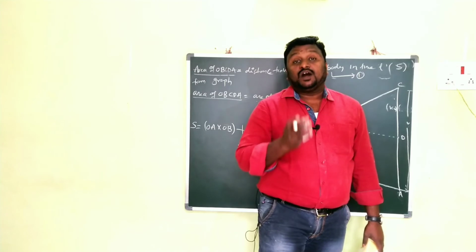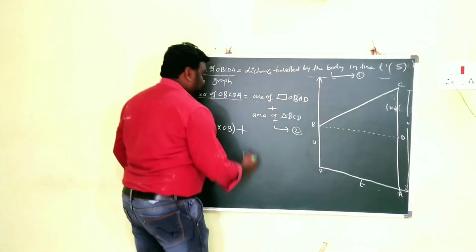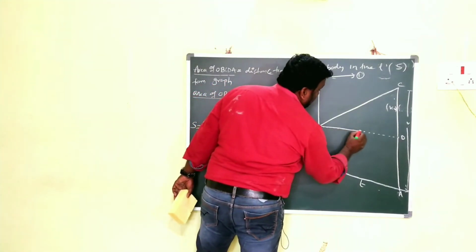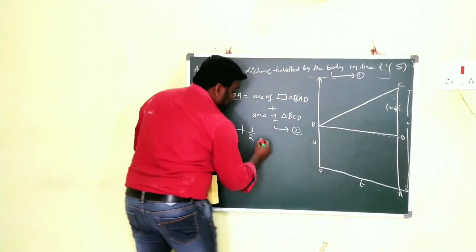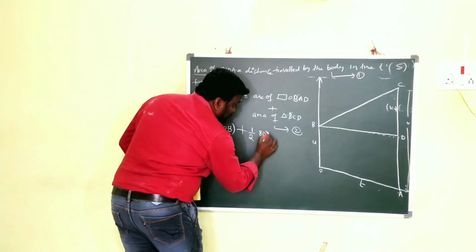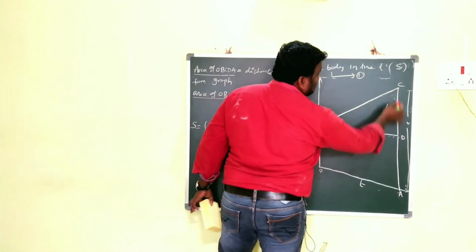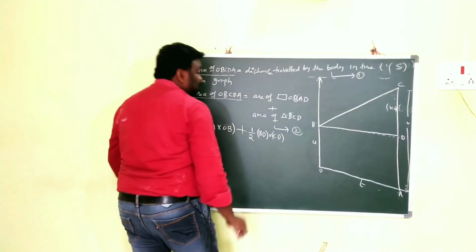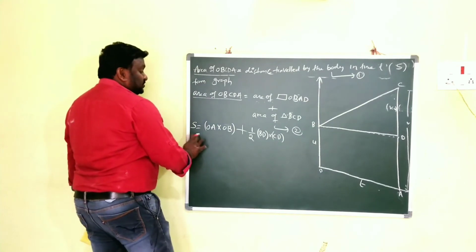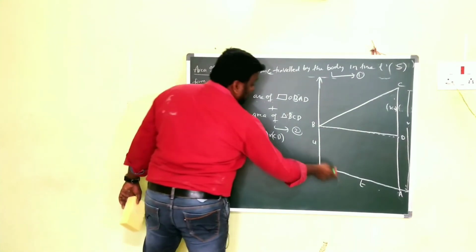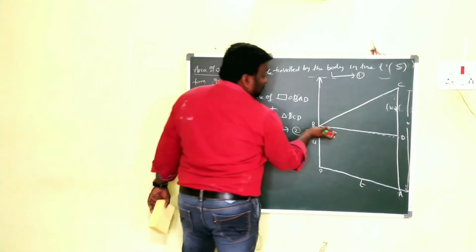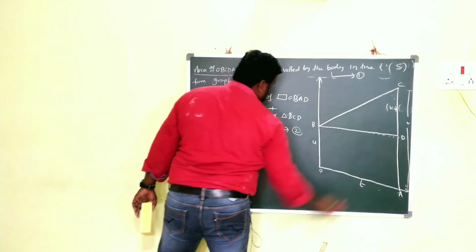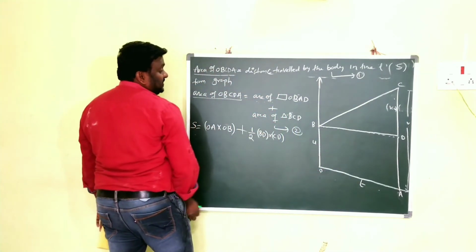Here the base is BD and the height is CD. We substitute both formulas. S is equal to OA into OB, length into breadth, plus half into BD into CD.